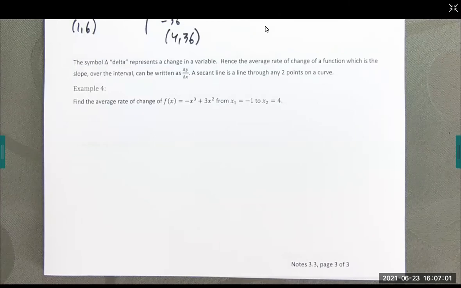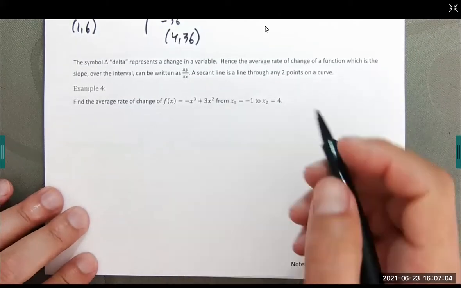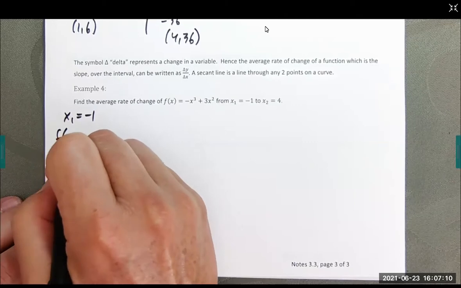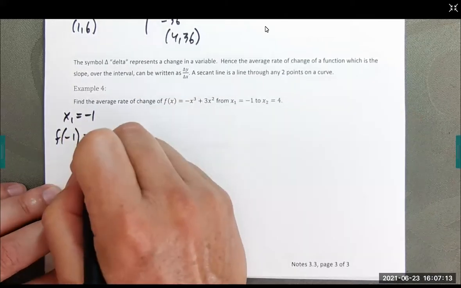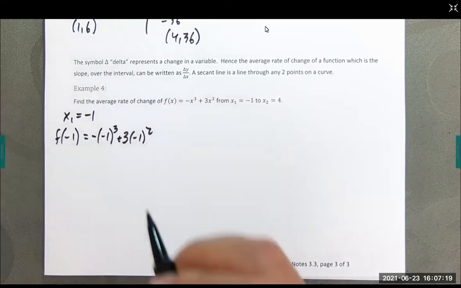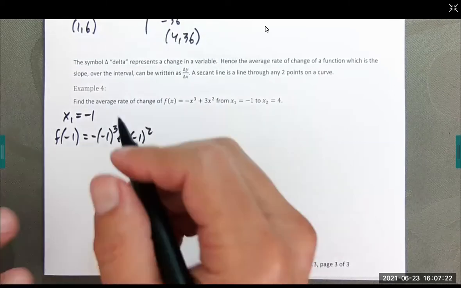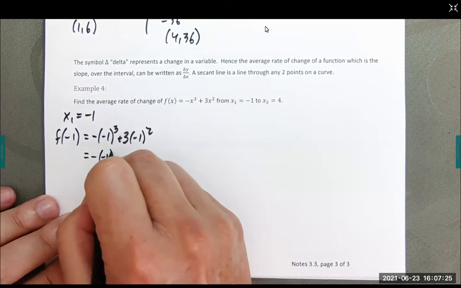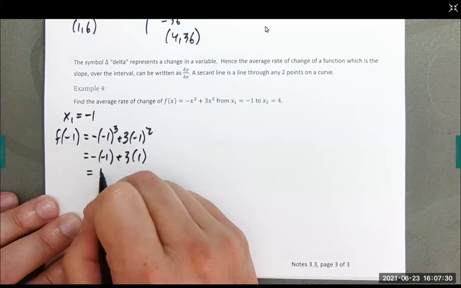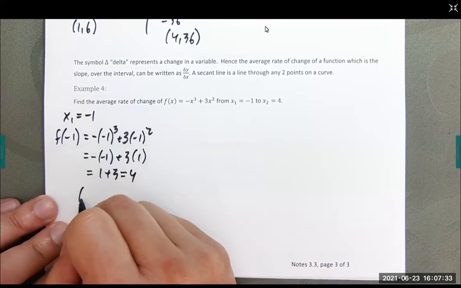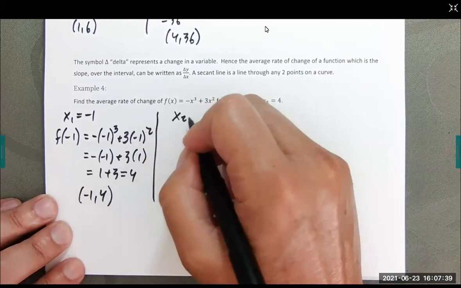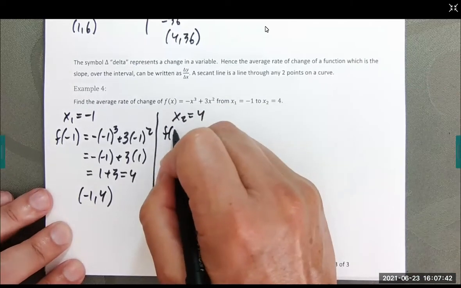So we're gonna do the same thing we just did before. We have a new function, we have new x values. So let's find our y values associated with this. So f of -1 is negative 1 cubed plus 3 times -1 squared. And using our order of operations, -1 cubed is just -1 again. So it looks like a point (-1, 4). Then we have x sub 2 is 4, f of 4.